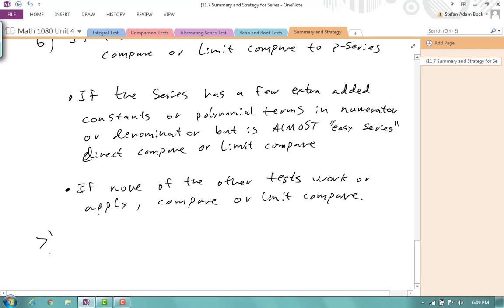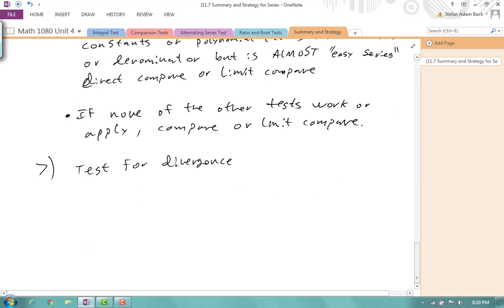And finally, or perhaps first, test for divergence. The limit of the terms, given a series, the limit as n goes to infinity of a sub n equal to 0 is required for convergence.